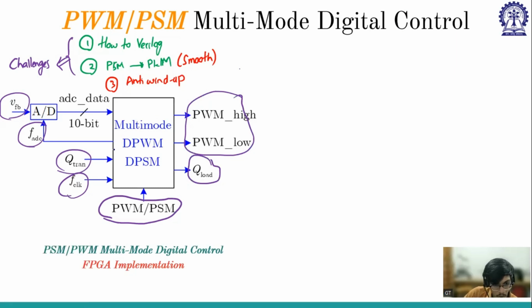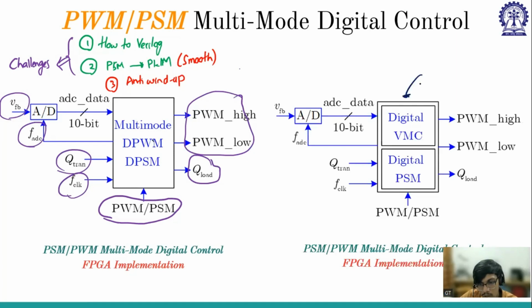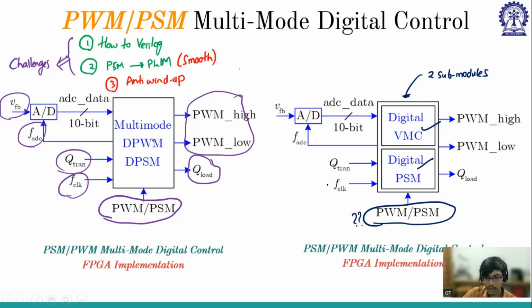What this block contains is two submodules. Now this decides whether it will operate in voltage mode control or PSM. How this bit is decided will come in the next week, but we just wanted to discuss this block.